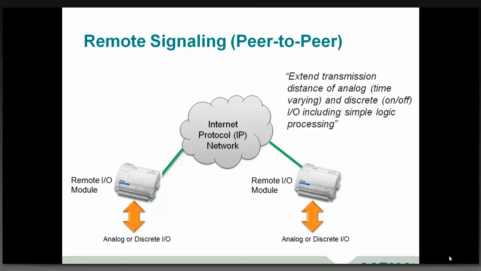Again, these can be on-off signals of a contact closure, a signal of 24 volts or 12 volt signals. They could be time varying signals that we call analog signals. Time varying being maybe 0 to 30 volts DC. Could be 0 to 10 volts DC, 4 to 20 milliamp loops, thermocouples, RTDs, temperature sensors, and the like.